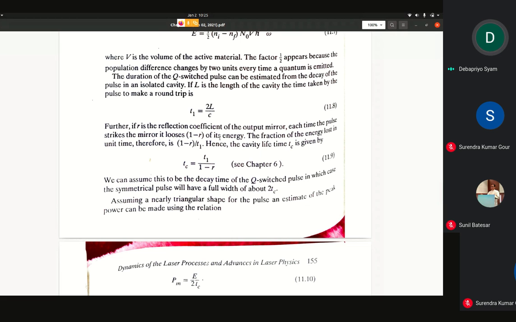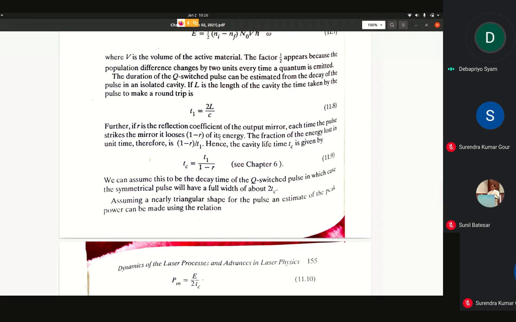So 10 joules by 0.1 microsecond means 10 to the power 8 watts, that is 100 megawatts. So that is the kind of power that is delivered during the time of occurrence of the giant pulse. I have assumed E equal to 10 joules and twice Tc equal to 100 nanoseconds. So that will give you 10 to the power 8 watts or 100 megawatts.